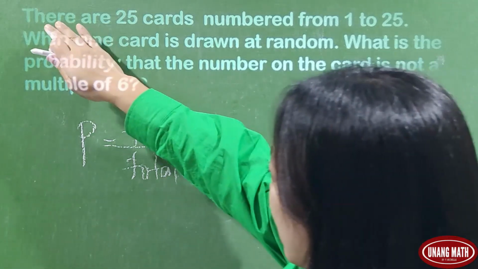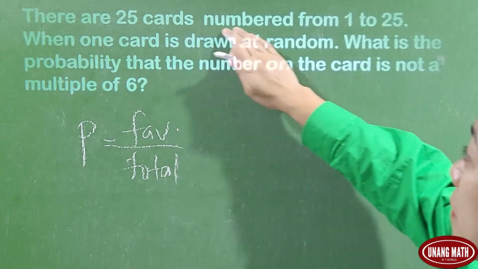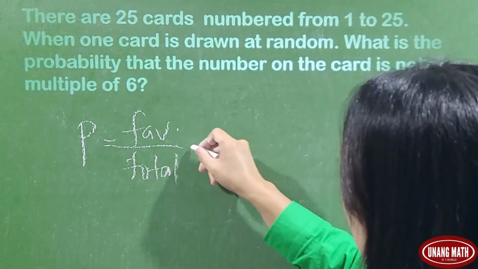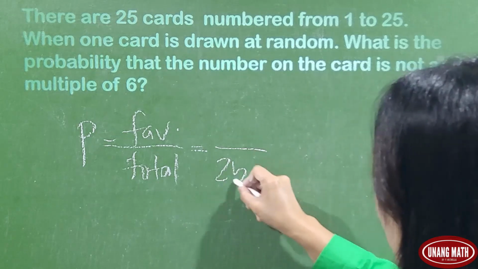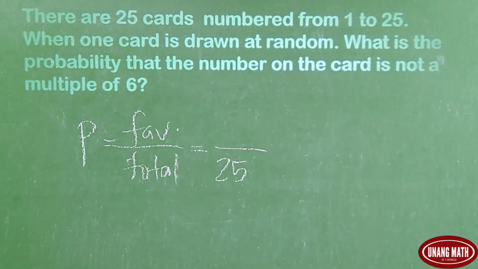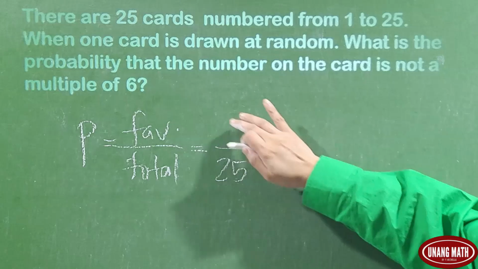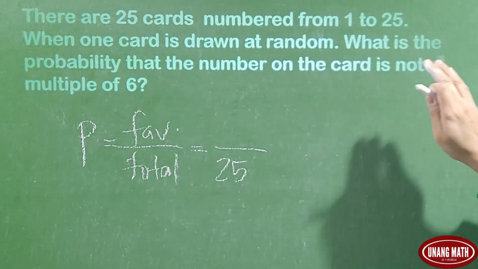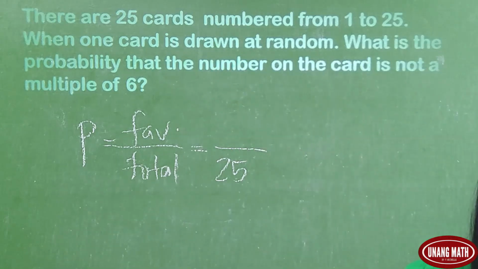So according to this one, there are 25 cards numbered from 1 to 25. So it means the total possible outcome is 25. Okay, what about favorable outcome? It's asking for the probability that the number on the card is not a multiple of 6.